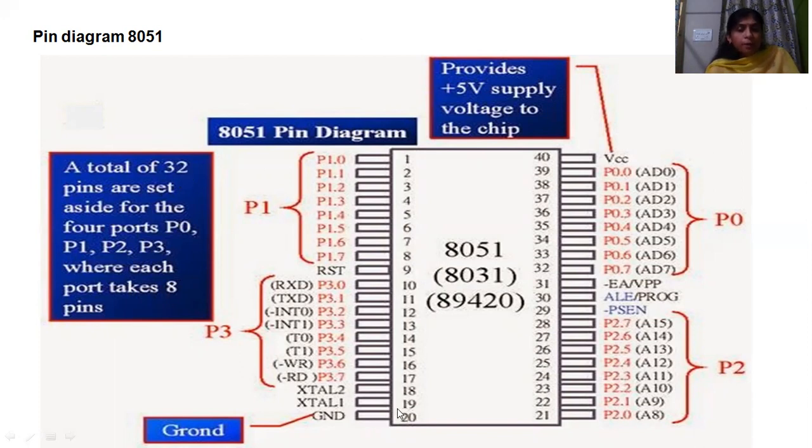Pin number 20 is the ground pin, and pin number 40 is for VCC supply, plus 5 volts. Port 1 is exclusively for input output purpose, but port 3 pins are for other functions also.